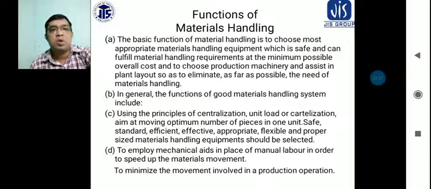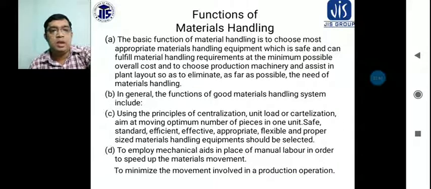In general, the functions of good materials handling systems include using the principles of centralization and unit loads. Centralization aims at movement of some optimum number of pieces in one unit. Safe, standard, efficient, effective, appropriate, flexible, and proper size materials handling equipment should be selected.